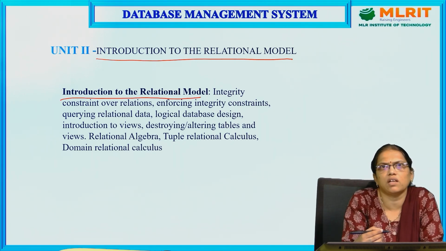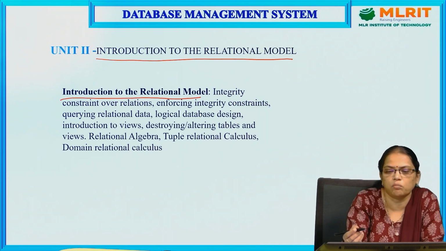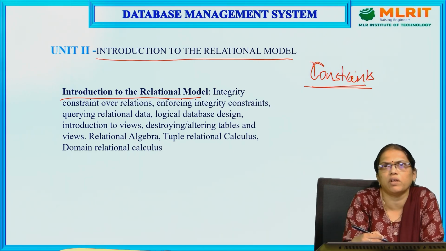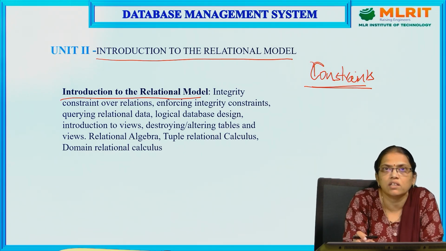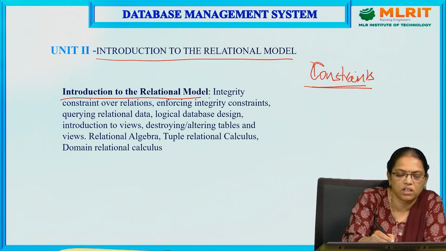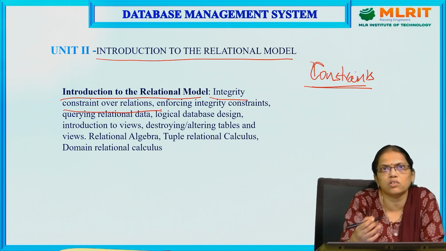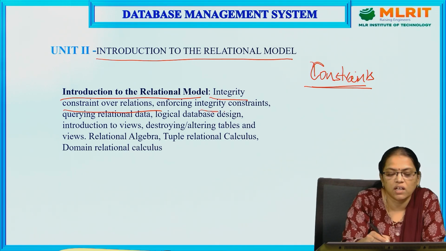Whenever we study it, we have different types of constraints. When we discuss the second unit in detail, we will understand the meaning of a constraint. As an overview, in this unit we will study the integrity constraints, how we apply relations over them, and how we enforce the integrity constraints.